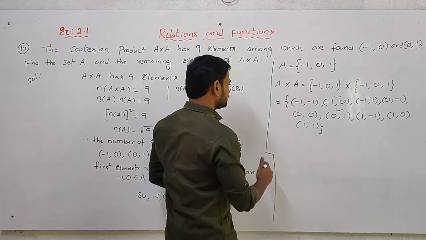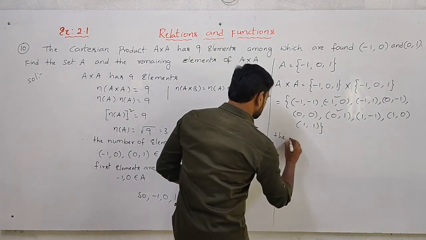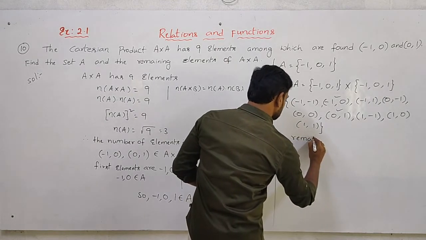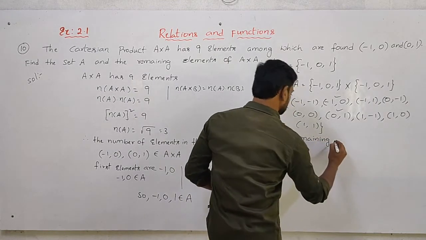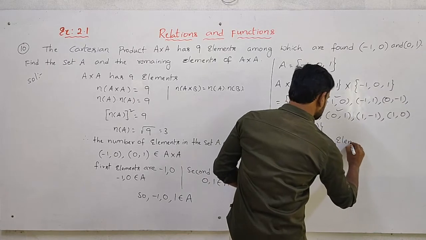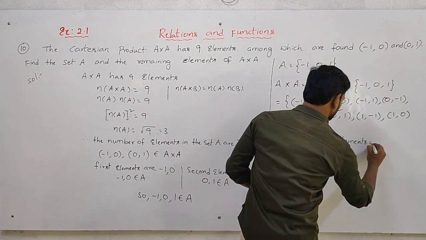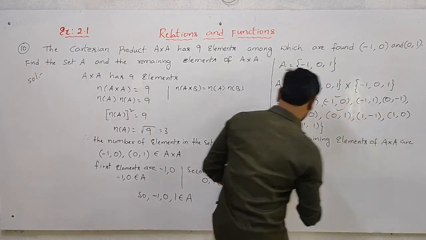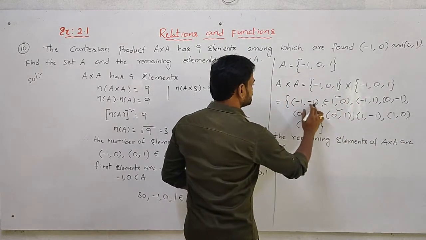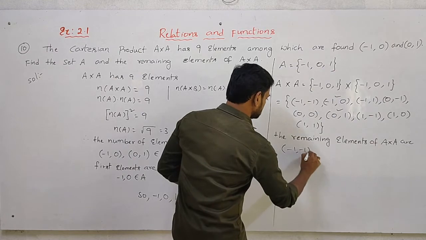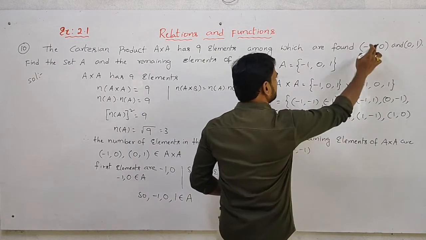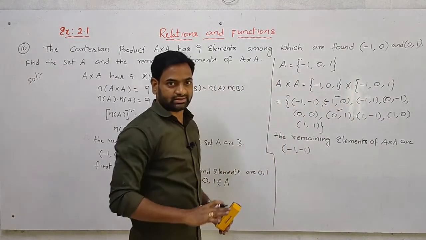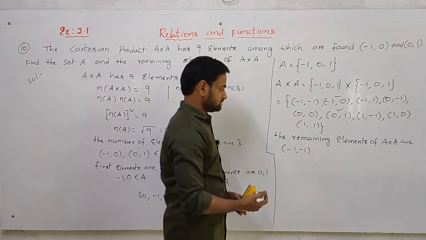So I am writing here the remaining elements of A cross A. What are the elements? (-1, -1). This (-1, 0) is already given, don't write again, the remaining he wants.